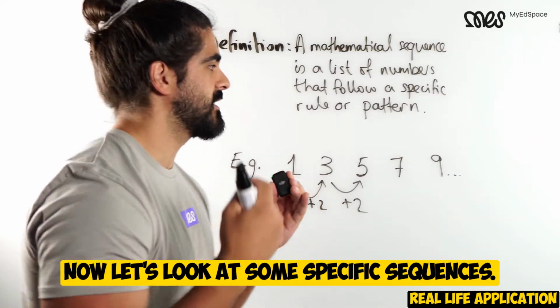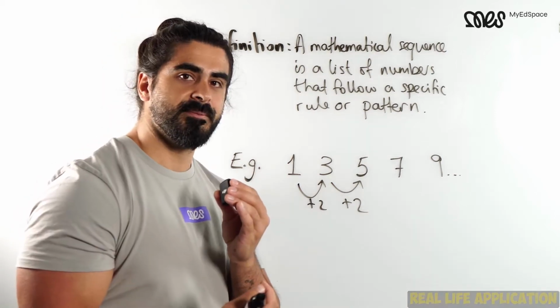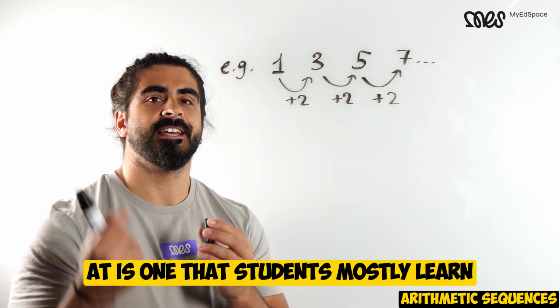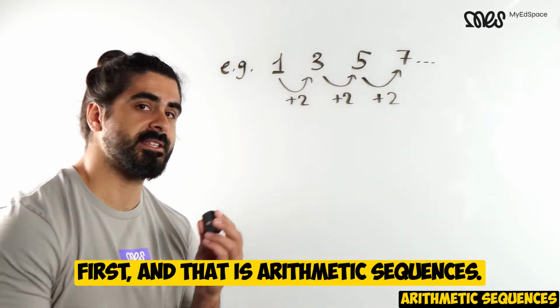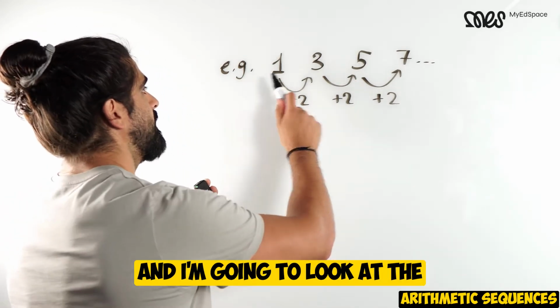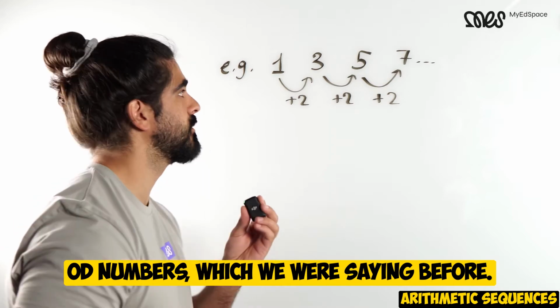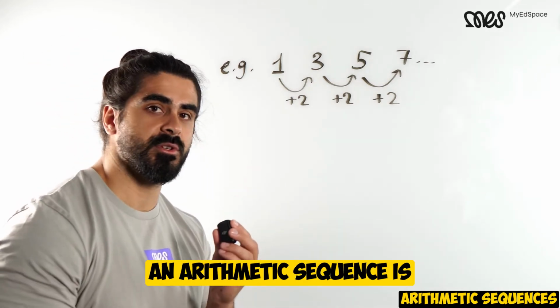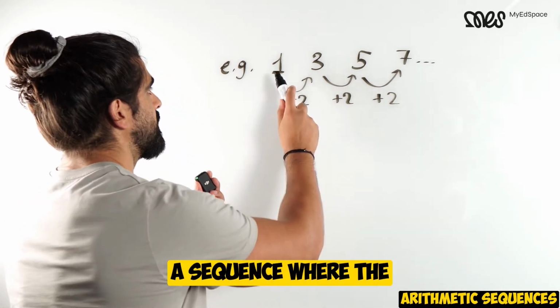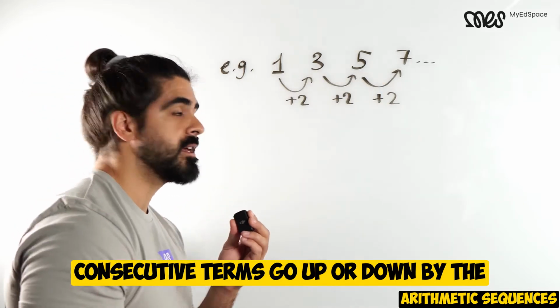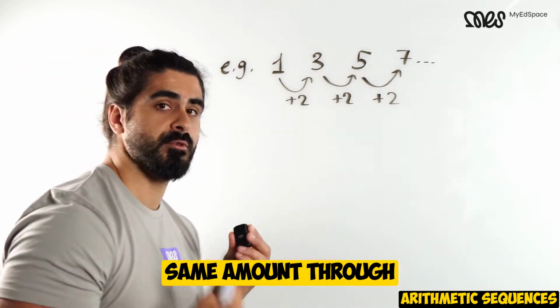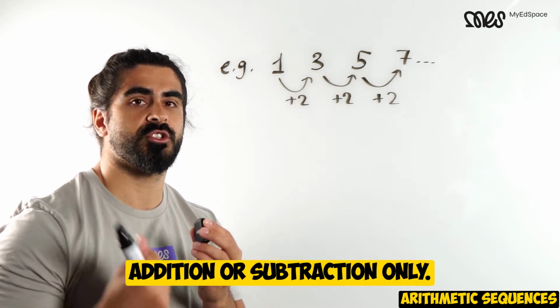Now, let's look at some specific sequences. The first sequence I'm going to look at is one that students mostly learn first, and that is arithmetic sequences. I'm going to look at the odd numbers, which we were saying before. An arithmetic sequence is a sequence where the consecutive terms go up or down by the same amount through addition or subtraction only.